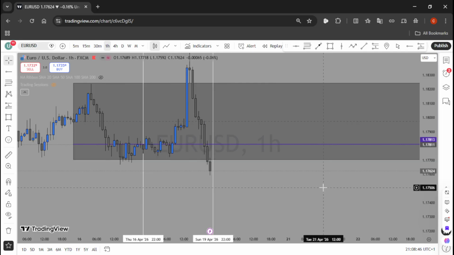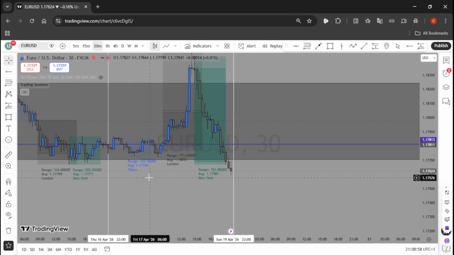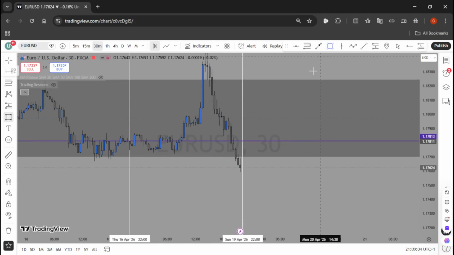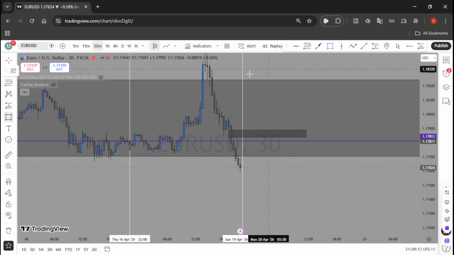Since I'm an intraday trader, I would anticipate the areas where the big boys came in, where the institutional traders came in. So I'll be looking at the 30 minutes and the 15 minutes to mark out these areas. From what I can see, I have a fair value gap right in this area here, and I have another fair value gap in this area.